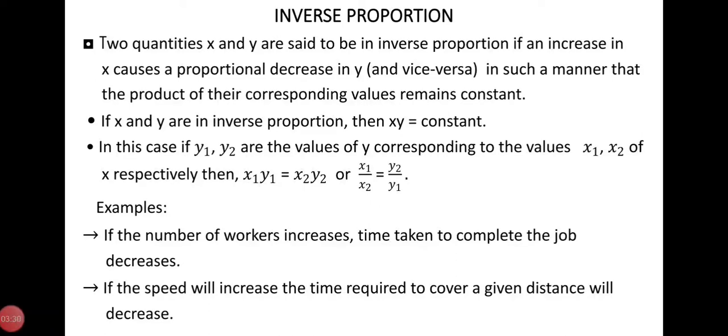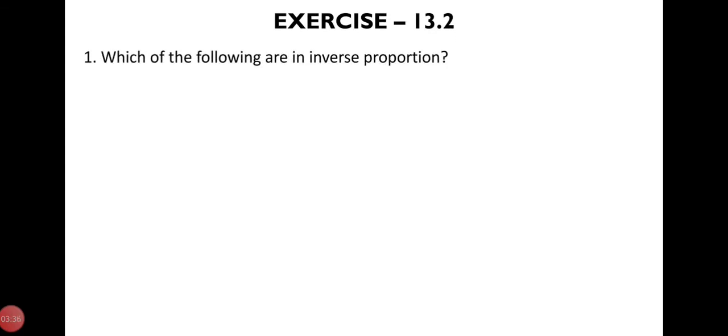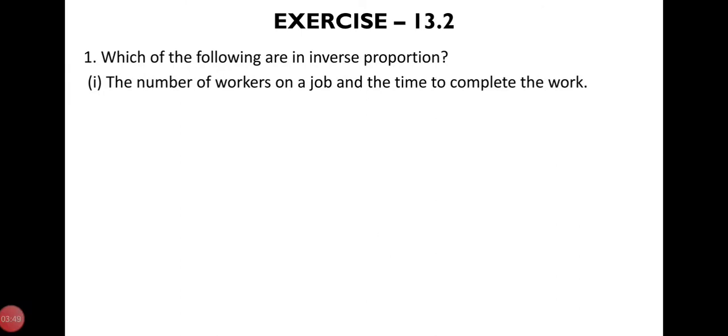Now let's solve exercise 13.2 based on inverse proportion. Question number 1. Which of the following are in inverse proportion? Now here some cases are given and you have to say whether they are in inverse proportion or not. For solution of number 1, the number of workers on a job and the time to complete the work.